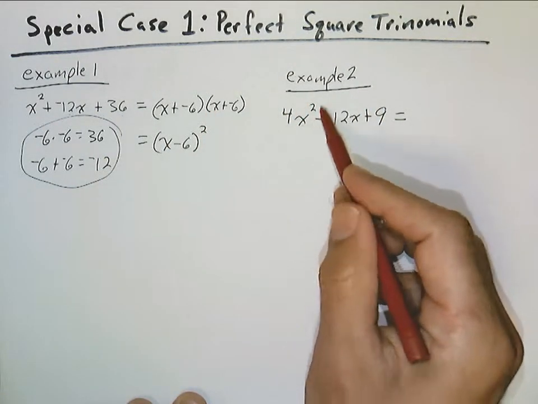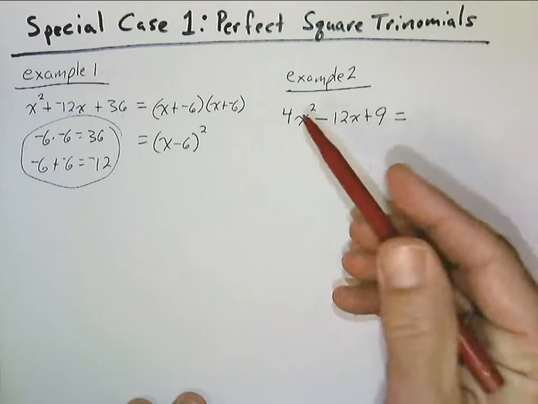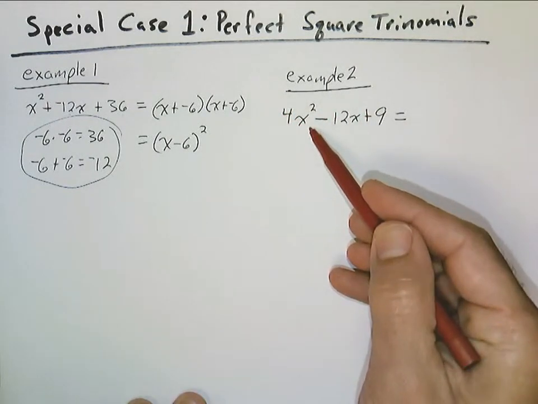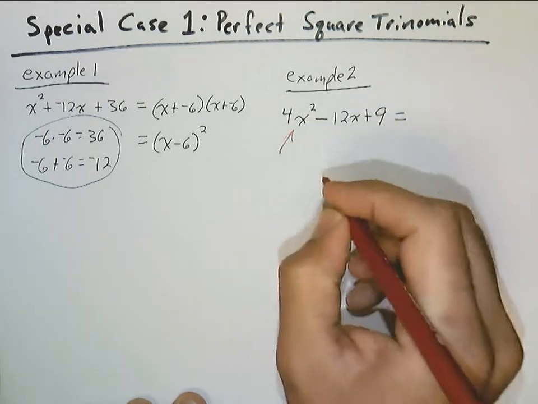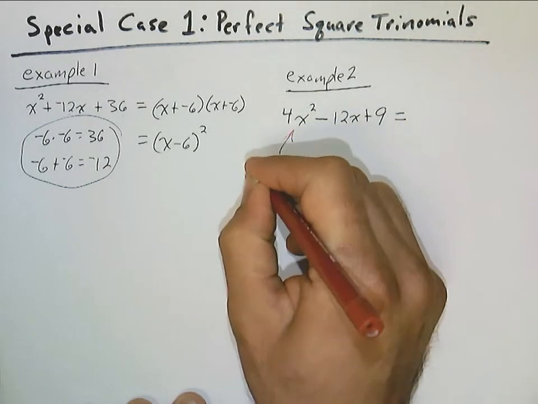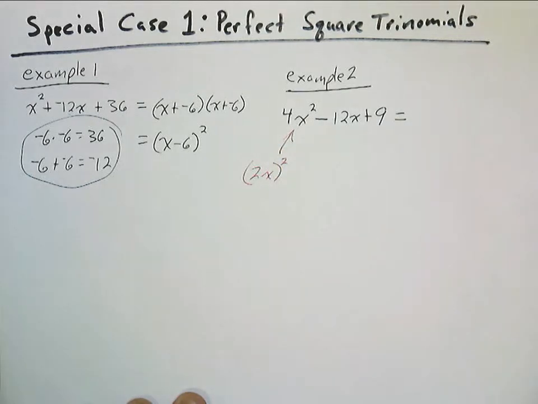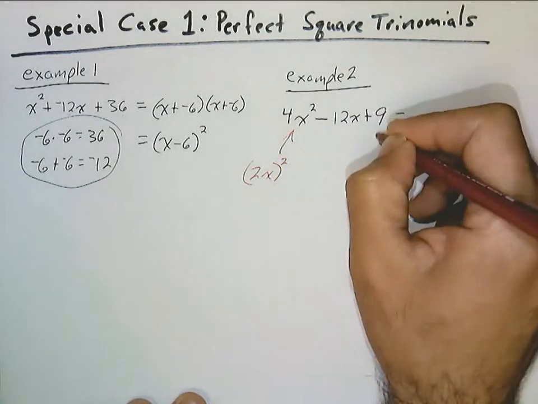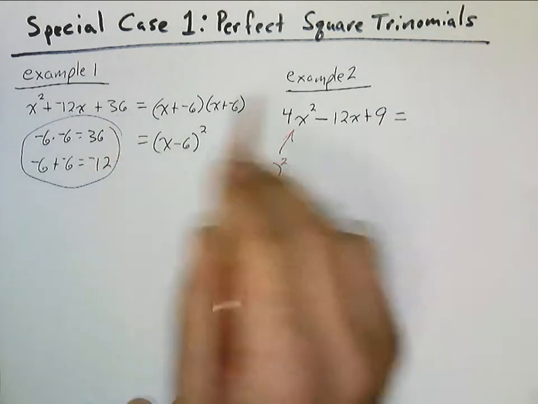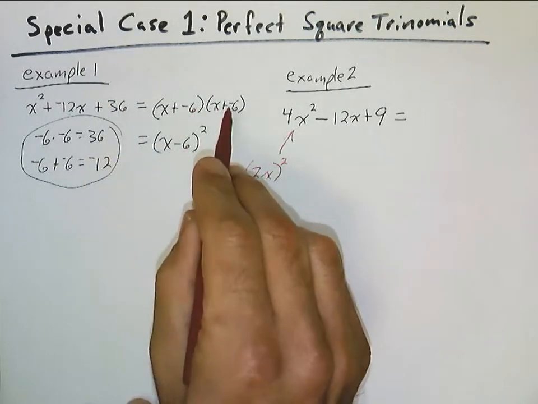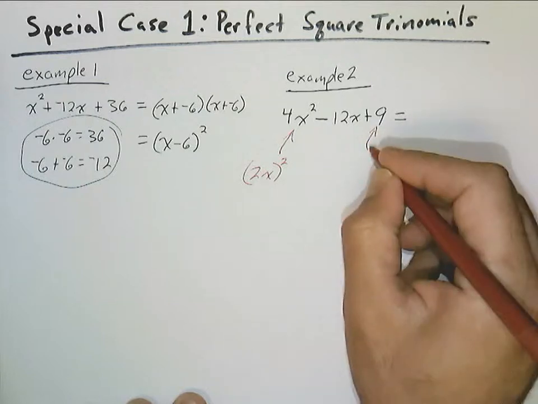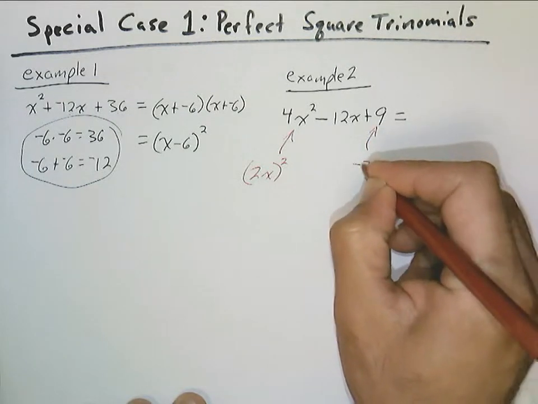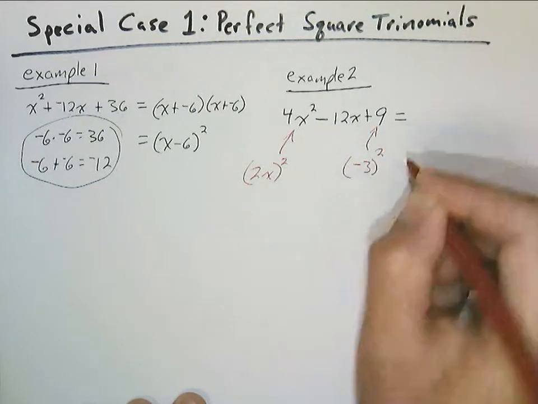This 4x squared, well, we need two things that are going to multiply together to give us 4x squared. Notice that 4x squared is actually 2x squared. And this 9, well, just like over here, this 36 came out of negative 6 times negative 6, so this 9 is actually the square of negative 3.